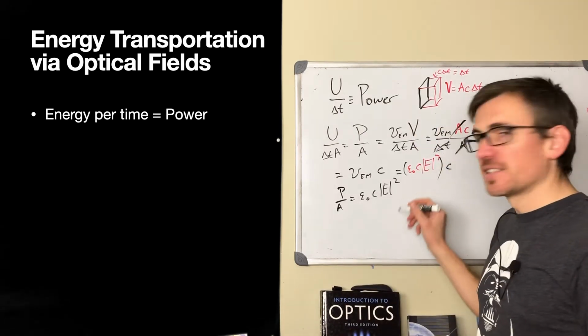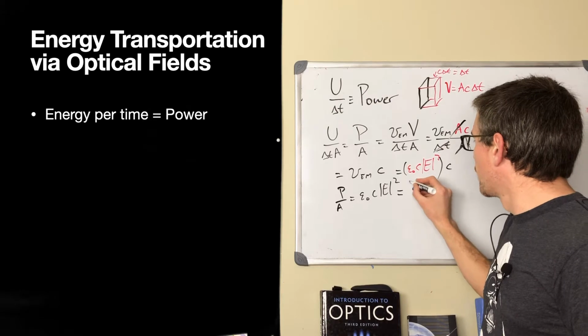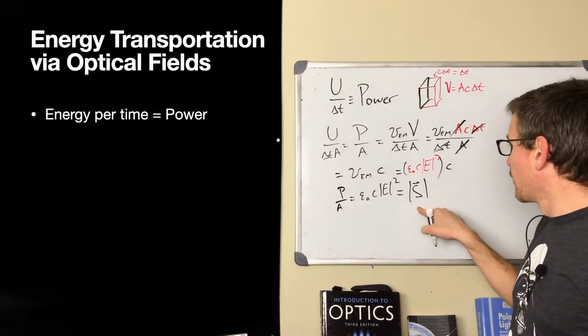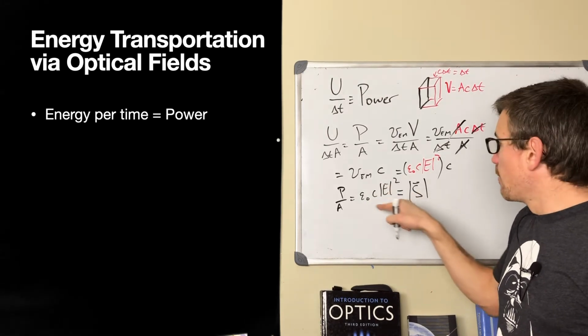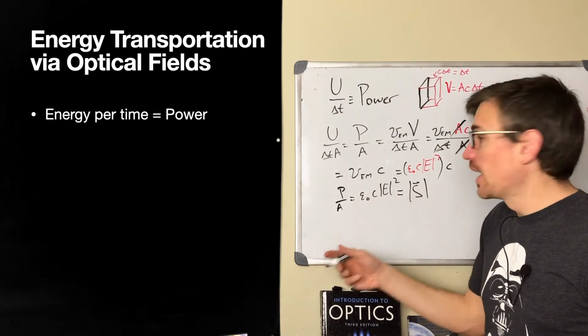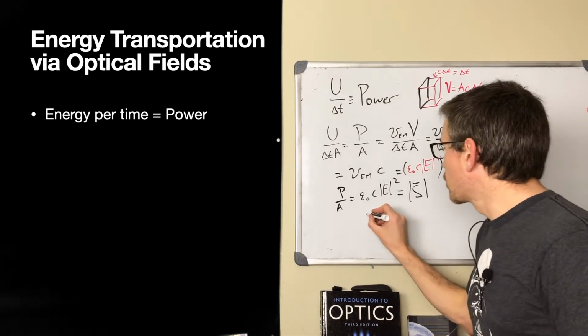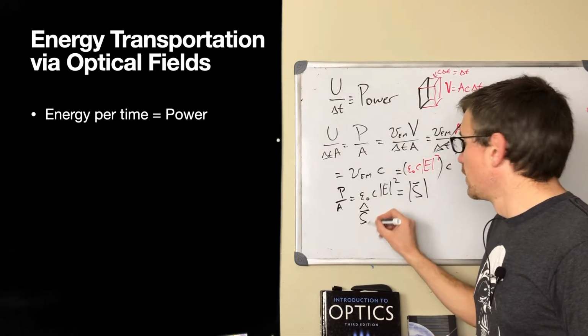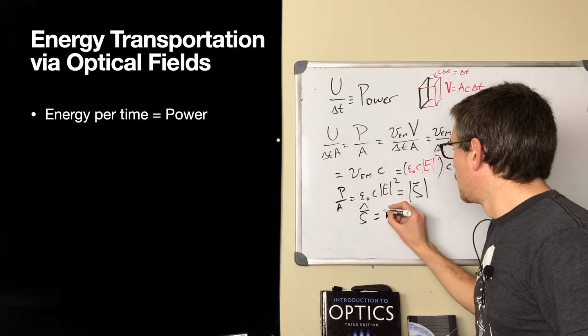So we're going to call this thing here the magnitude of some vector, right? This is just a scalar. A magnitude of some vector whose magnitude is equal to the power per area, okay? What about the direction? The direction of this vector that talks about how much power is going per area is k hat, okay?